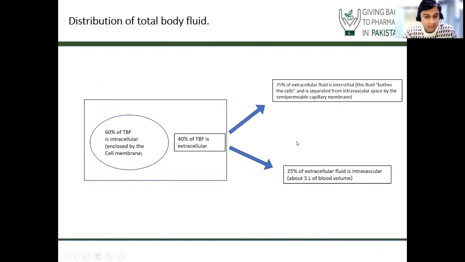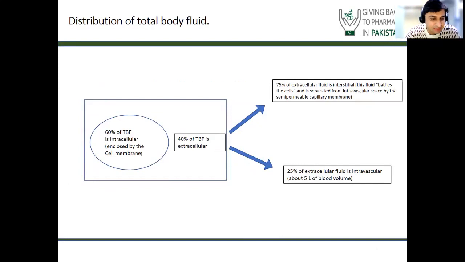Firstly, to understand the basic concepts of electrolytes, we should know how the fluid in the body is distributed. 60% of the total body fluid is intracellular.